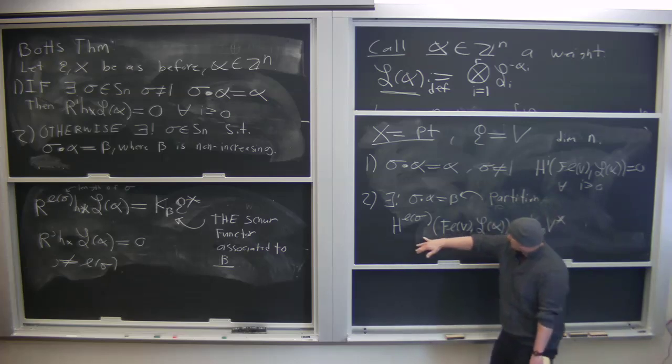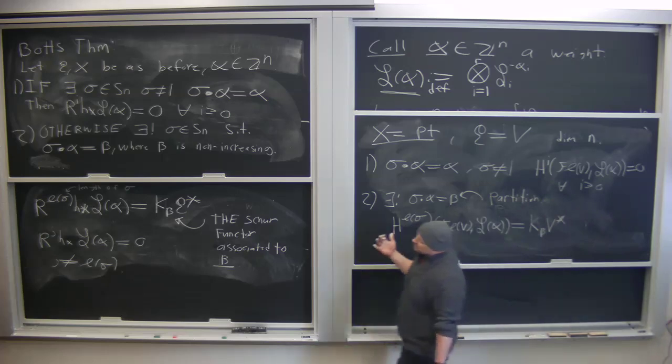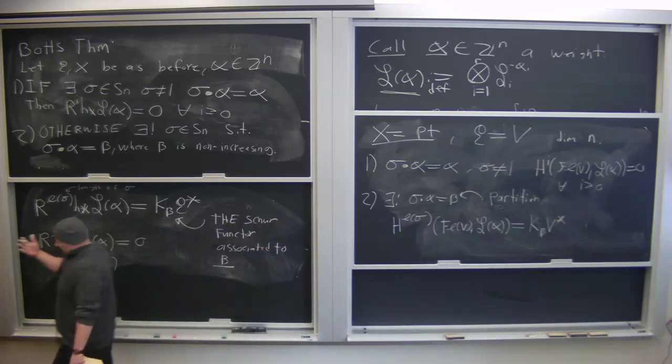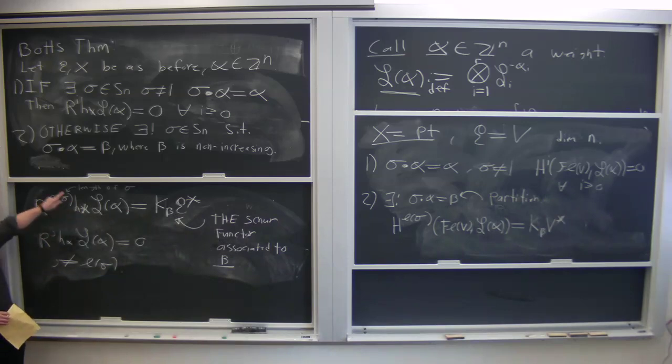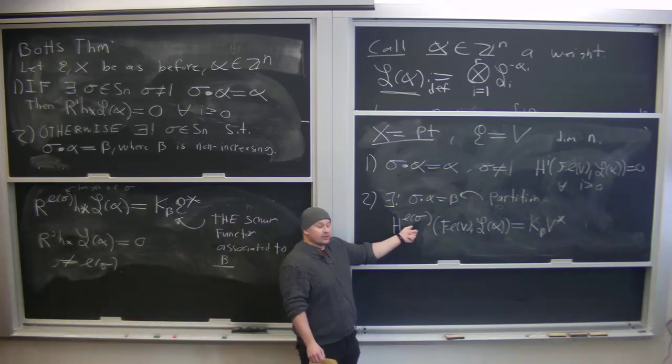It computes what this is just as a vector space, but it also computes the representation that you're getting when you take the cohomology.